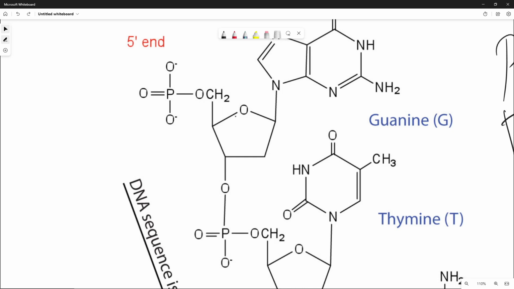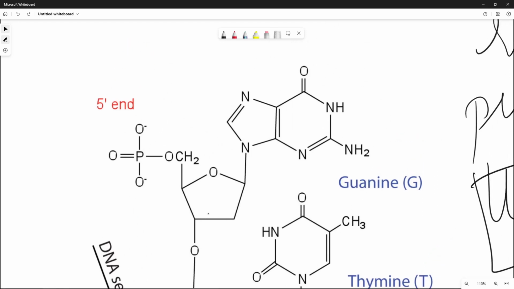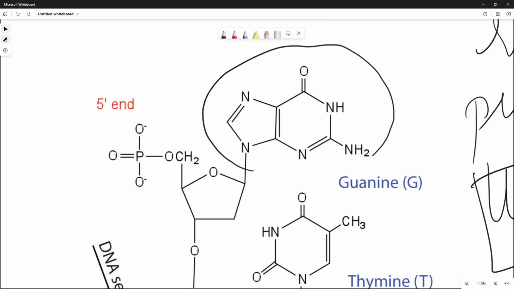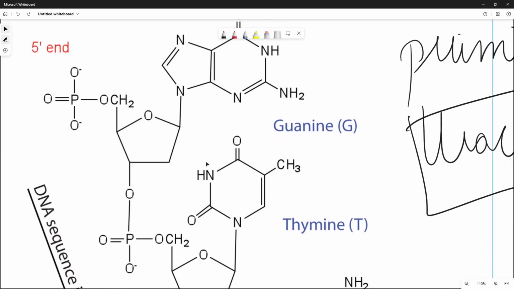Now, the deoxyribose is attached to the phosphate group here. Let me make that a bit clearer. It's attached to this phosphate group, and this part of the molecule is attached to a nitrogenous base. And this sequence of nitrogenous bases is where the information is stored. So for example, here it could be guanine for me, whereas it could be adenine for you, or it could be cytosine for my mother, and so on and so forth.